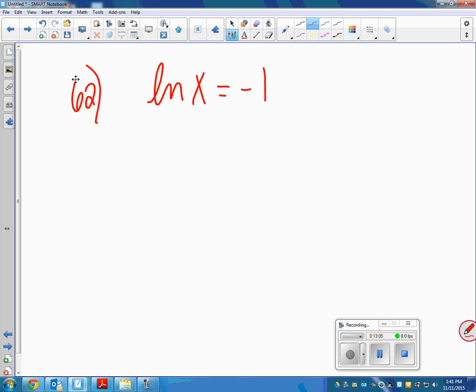What do you do to get rid of ln? Yes. This can't be negative, right? But this is like saying e to the what power equals negative 1, or e to the negative 1 power, right? Something like that.